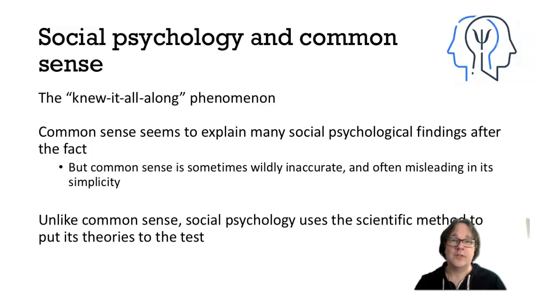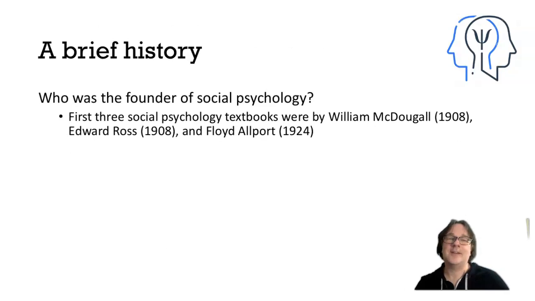So we don't have to rely on intuition or our common sense. We'll use science to test it. And we very often overrule common sense, let's say, or we turn common sense on its head.